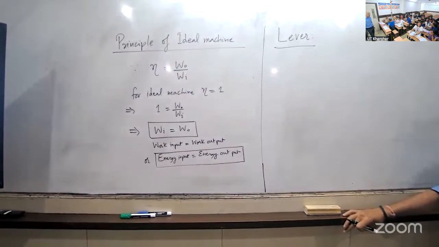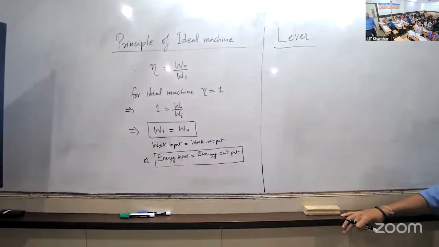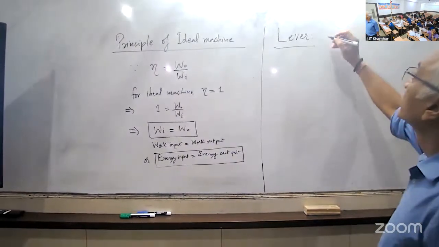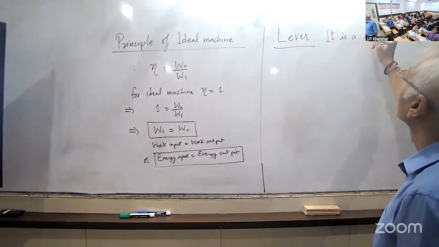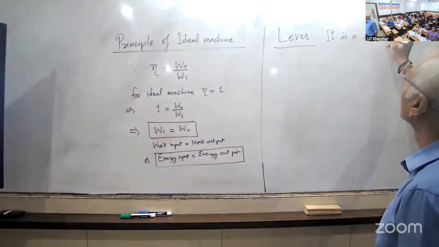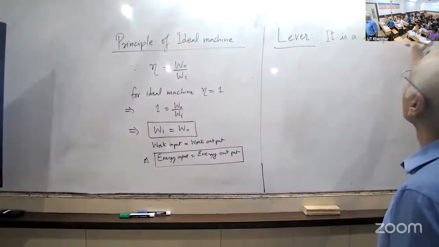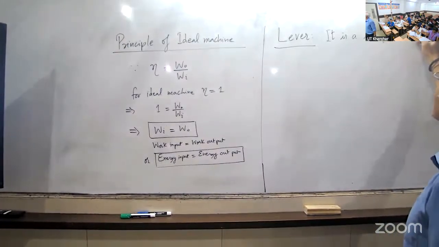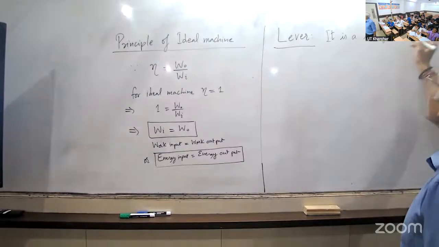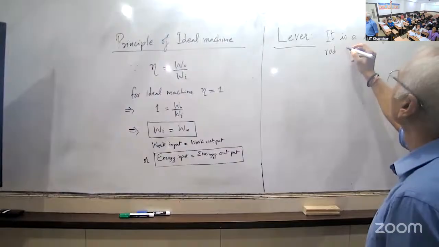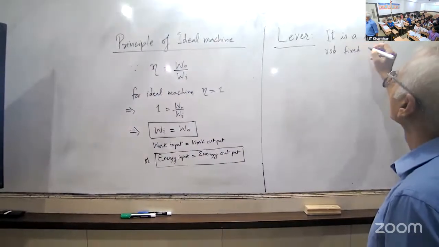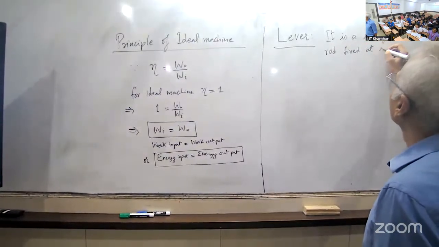Okay. So lever is either a straight or bent rod fixed at some point. Okay? A lever is a straight rod fixed at some point.